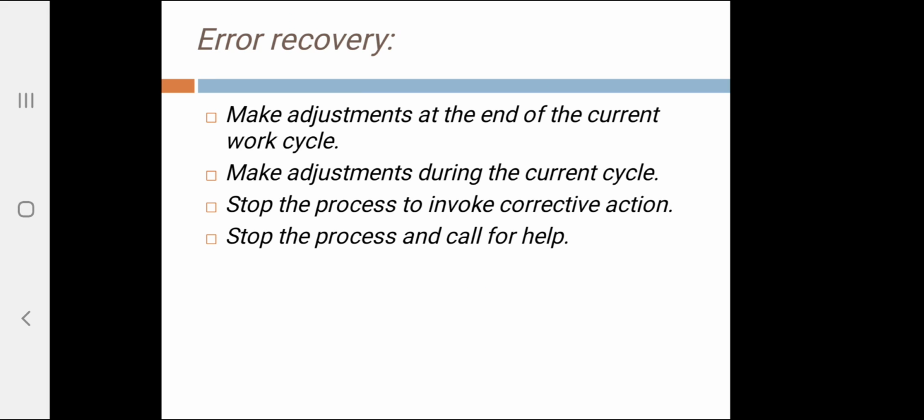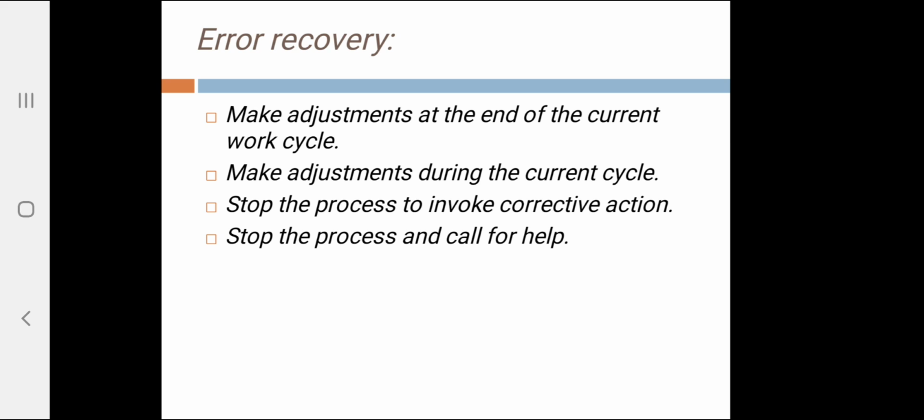When the current work cycle is completed, the part program branches to a corrective action subroutine specifically designed for the error detected, executes the subroutine, and then returns to the work cycle program. This action reflects a low level of urgency, and it is most commonly associated with random errors in the process.